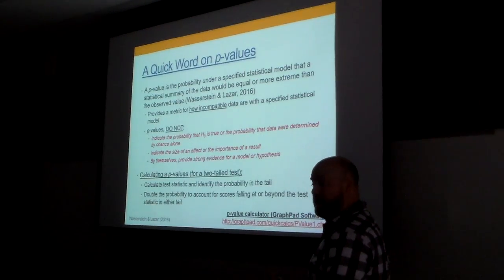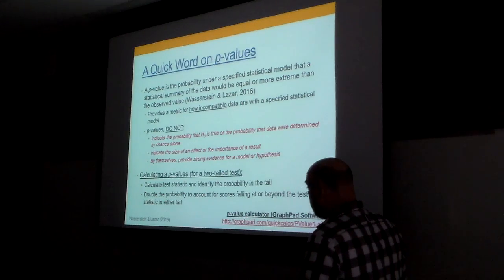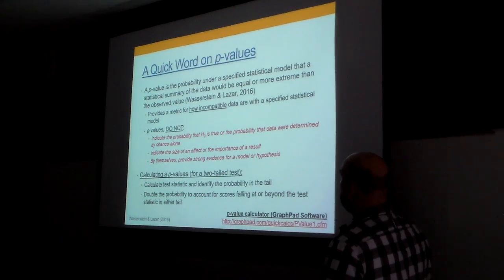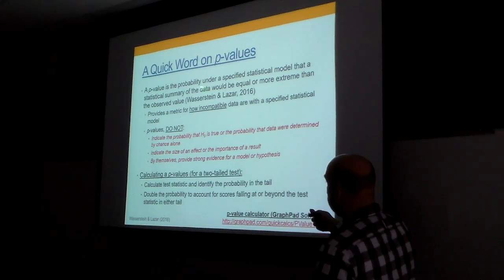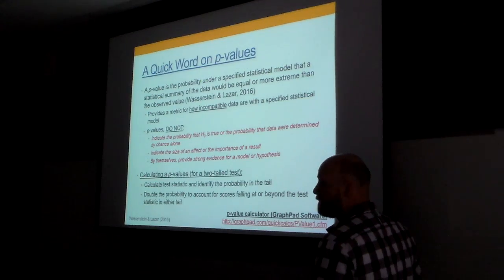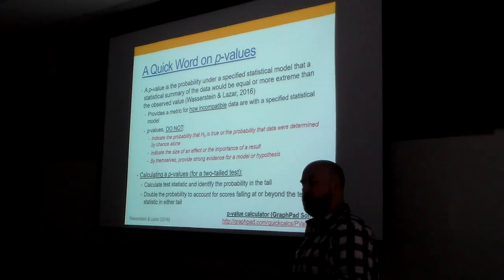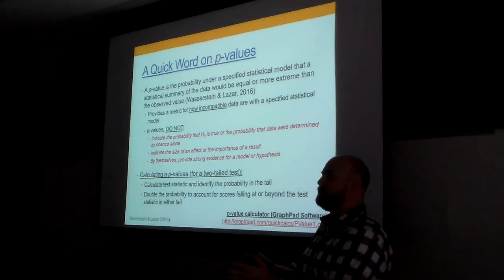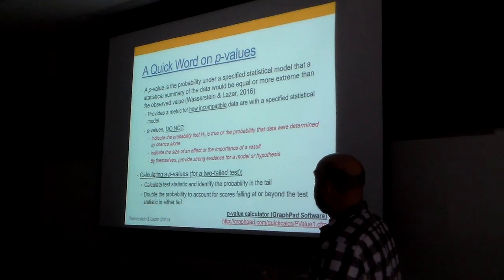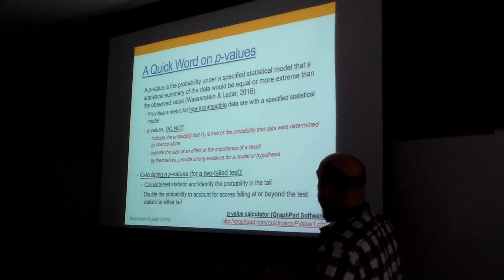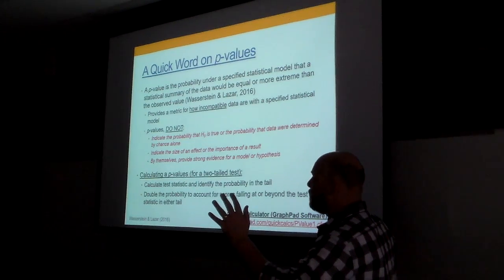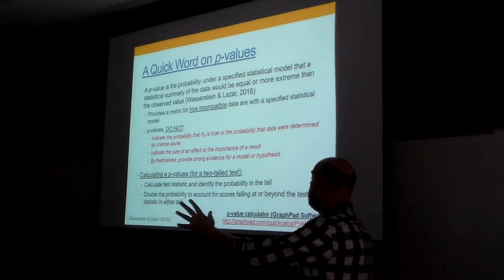So, another thing about p-values, okay? Again, just a refresher, the p-value is the probability under a specified statistical model, and that specified statistical model is the null hypothesis, right? Assuming the null hypothesis, assuming that there's no difference or no effect, our p-value gives us the probability of selecting a sample having an observed value this extreme or more extreme.